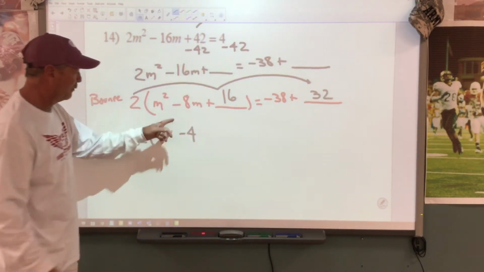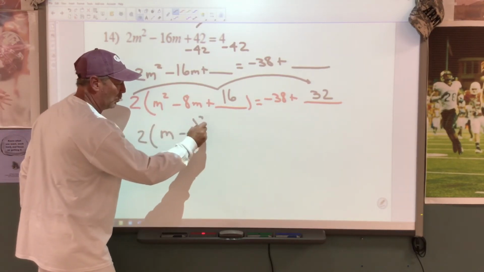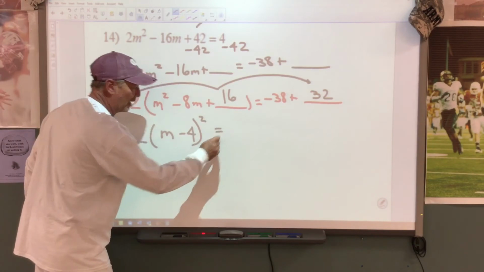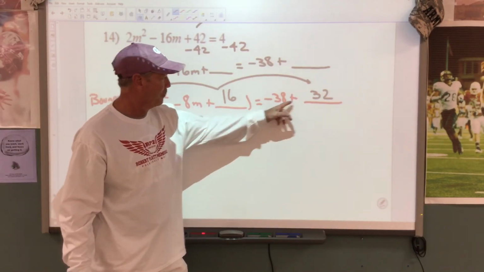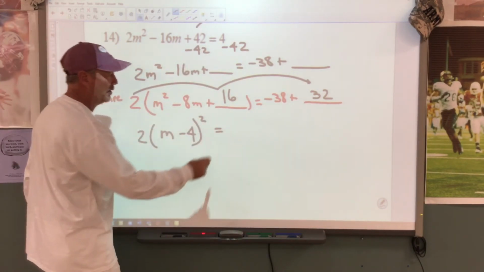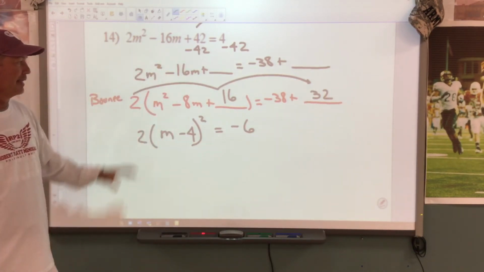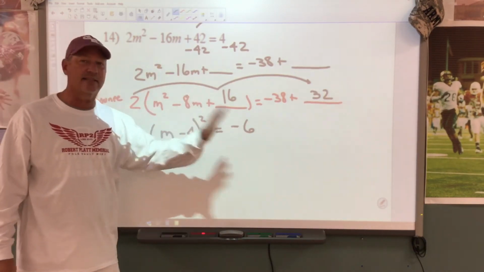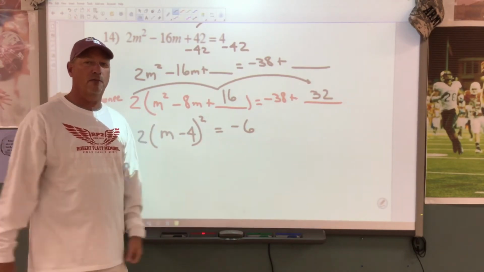Okay? Now we finish this. We bring down our m. We close it. We square it. We put an equal sign, and we do a little bit of math. Negative 38 plus 32 is a negative 6. This is the exact same thing we did when we were converting to vertex form.